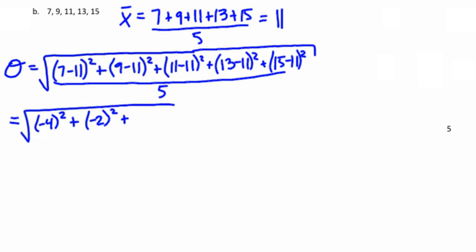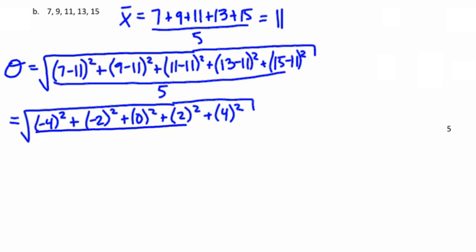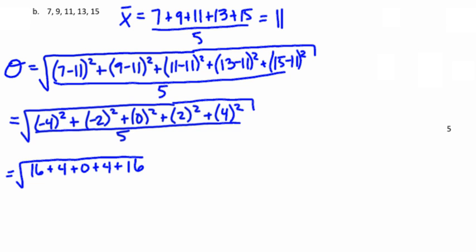Plus 11 minus 11 is 0 squared, plus 2 squared, plus 4 squared. Again, all divided by 5. Applying our squareds is 16 plus 4 plus 0 plus 4 plus 16 divided by 5.